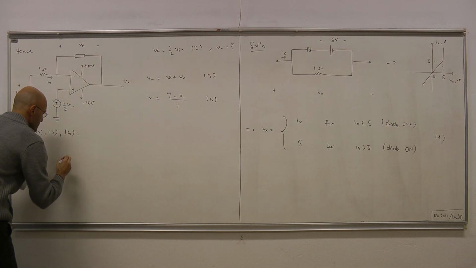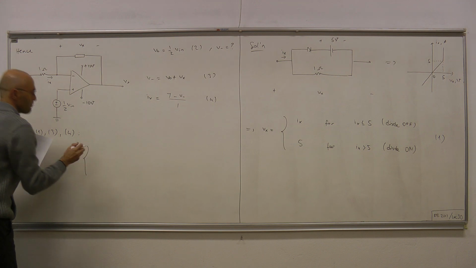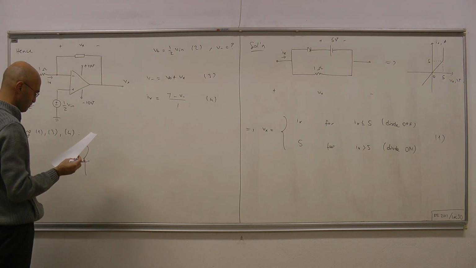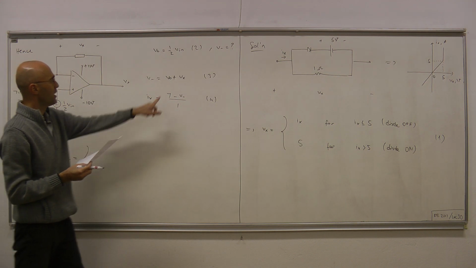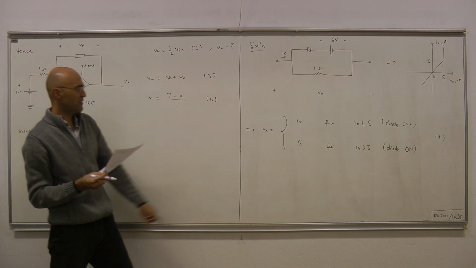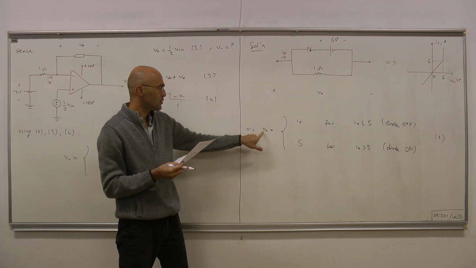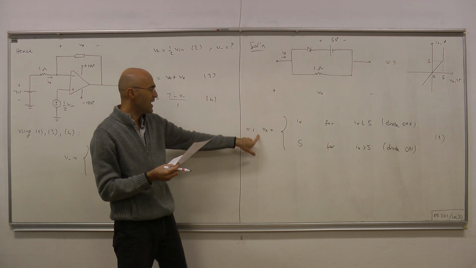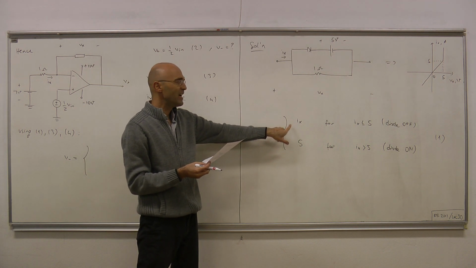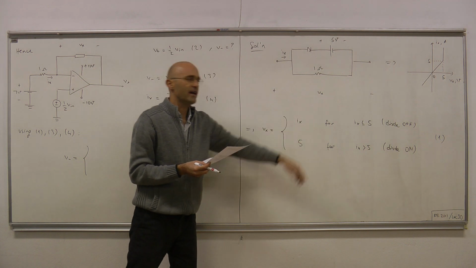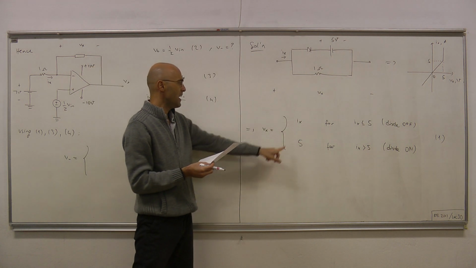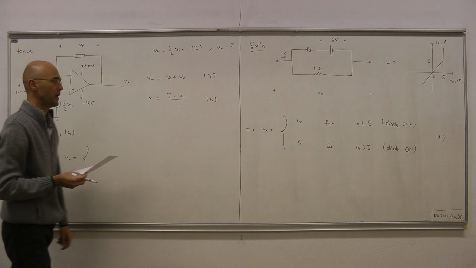V minus equals V out plus Vx, and Vx is this. So if you add V out to both sides, we have V out plus Vx equals V out plus Ix for Ix less than or equal to 5, and V out plus 5 for Ix greater than 5.